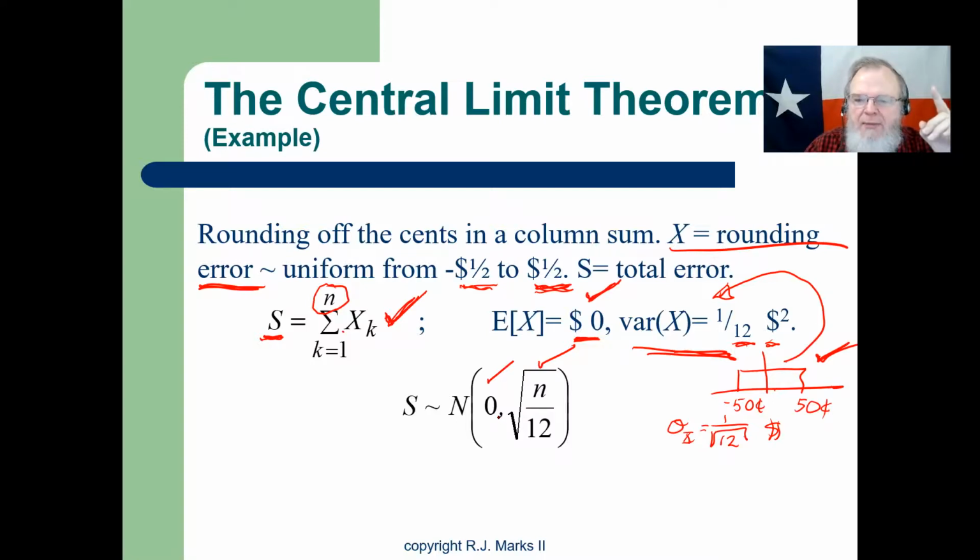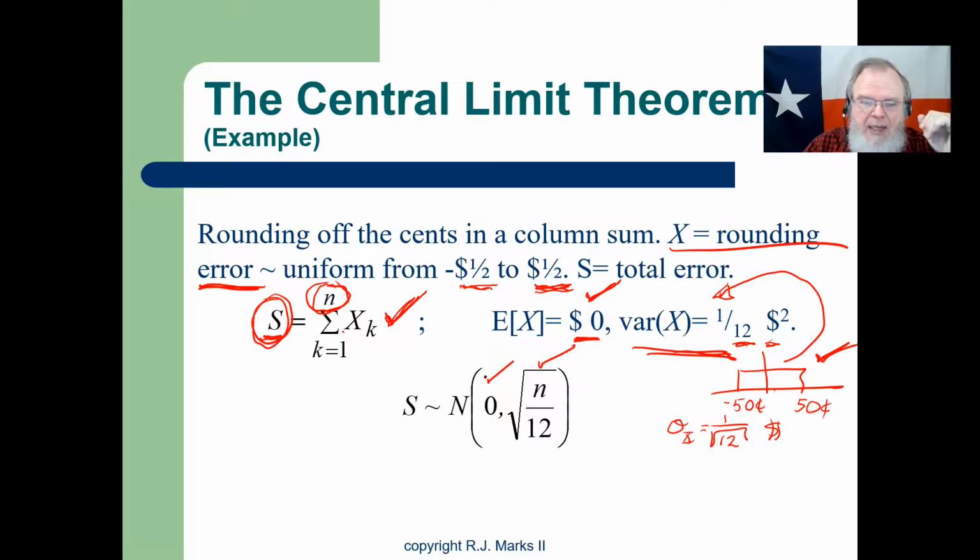According to the central limit theorem, if I add up n of these, then my S will be very close to Gaussian. And the cool thing about the Gaussian is it only has two parameters. If we know the mean and the standard deviation, go home. You have all the information you need.